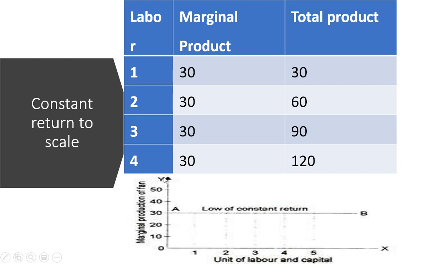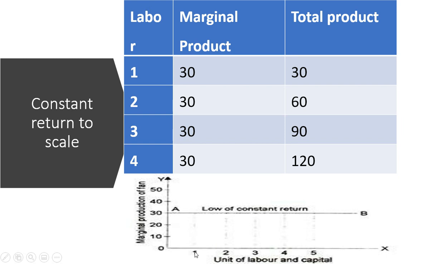And here we have a graph of constant returns to scale. On the x-axis we have taken the number of units of labor and capital, or we can say the input, and we have taken output on the y-axis.